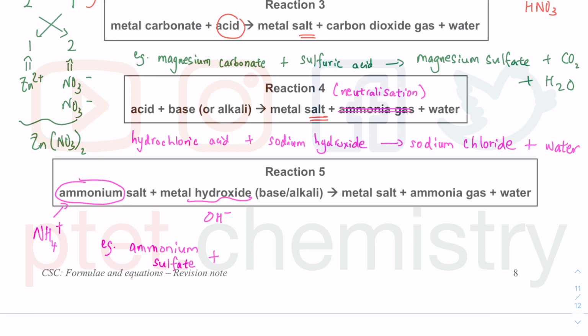The hydroxide, say if I use calcium hydroxide, I can use sodium hydroxide, potassium hydroxide, whatever you want. Metal salt, the salt comes from the name of the acid, which is the sulfate. The metal is the calcium, so I will get calcium sulfate plus ammonia gas plus water.